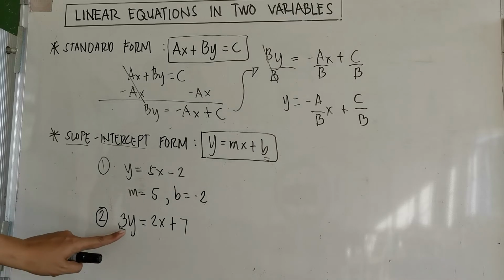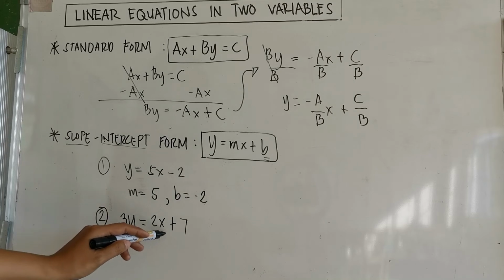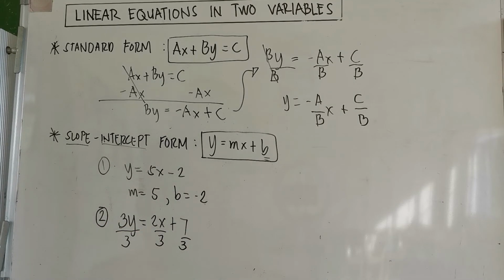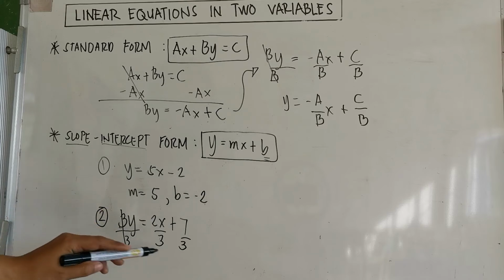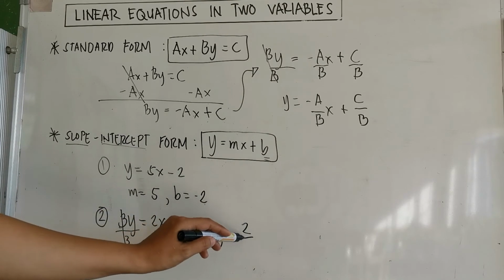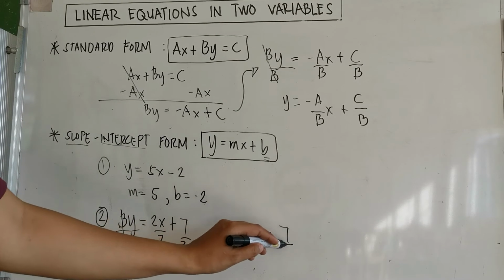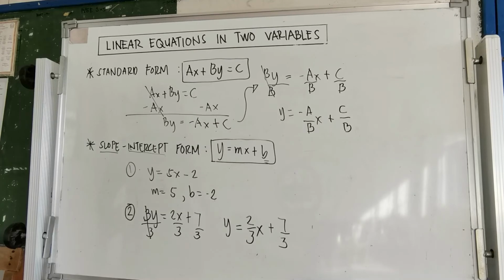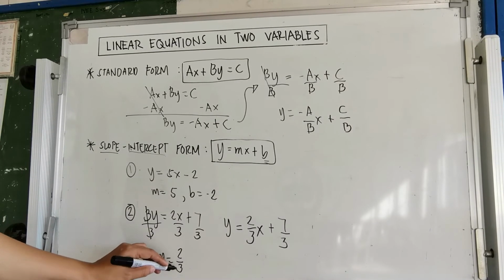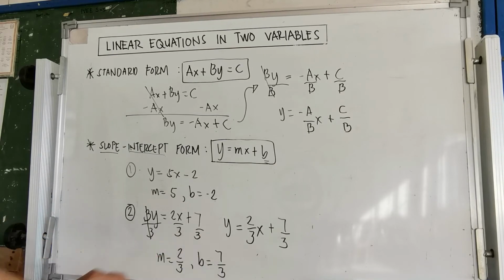So, kailangan pa natin siyang i-simplify by dividing both sides of the equation by 3. So, if we're going to simplify, magiging y is equal to 2/3 x, since hindi na natin siya pwedeng i-simplify, plus 7 over 3. Okay, meaning, the value of m is 2 over 3, and the value of b is 7 over 3.